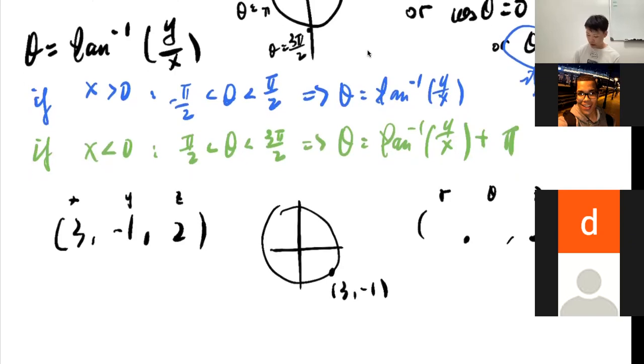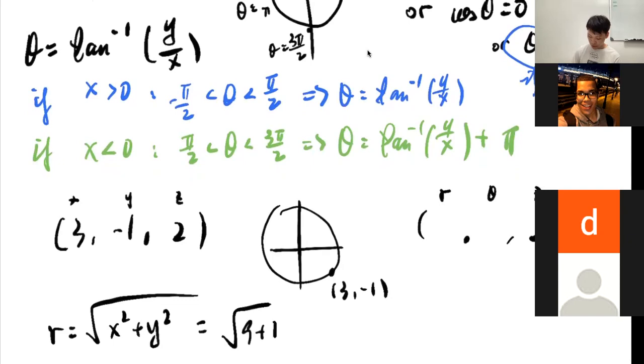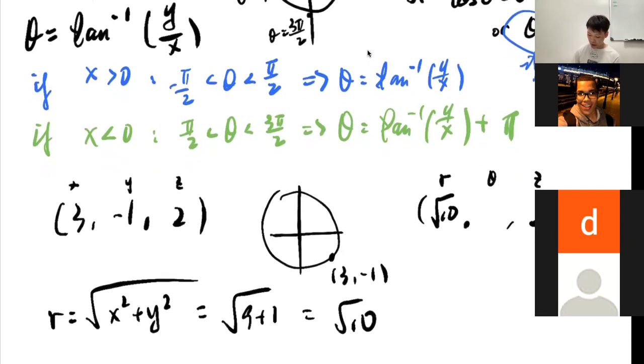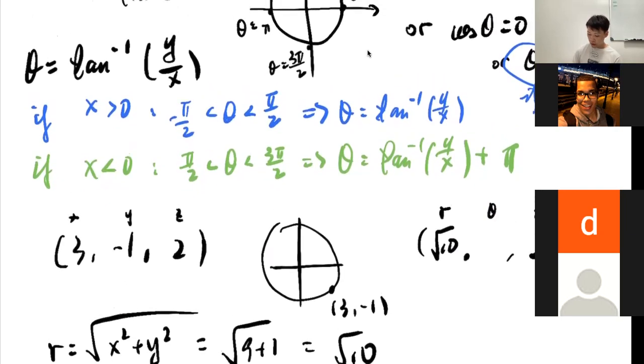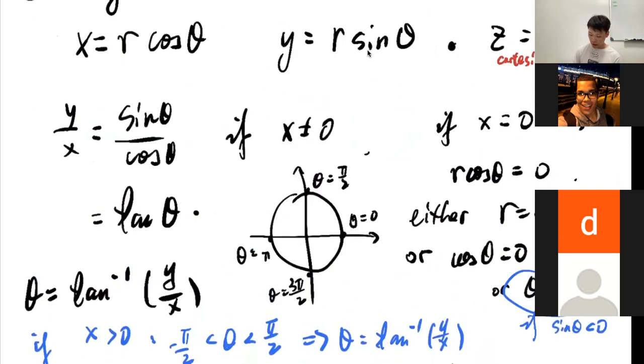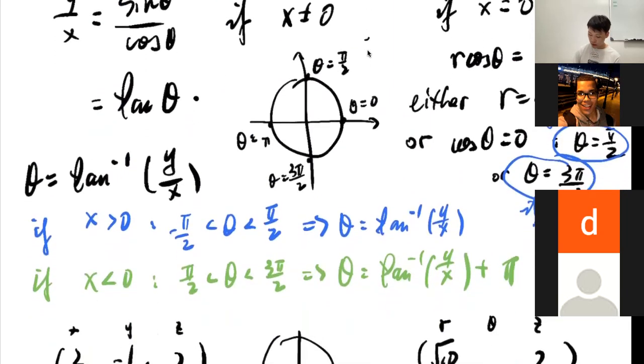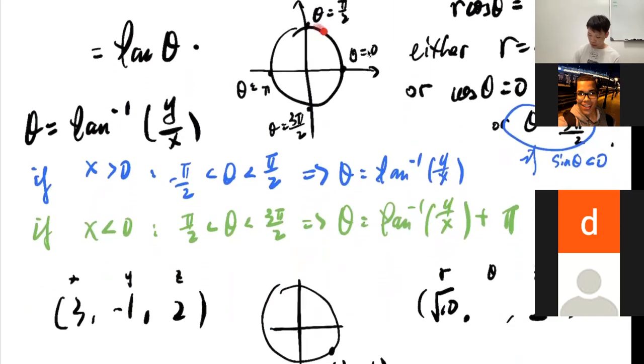Okay, so what is the radius? r is the square root of x squared plus y squared. The square root of 9 plus 1 is radical 10. So how do we determine your theta? Now you have a positive x, and it's on this part of the circle.